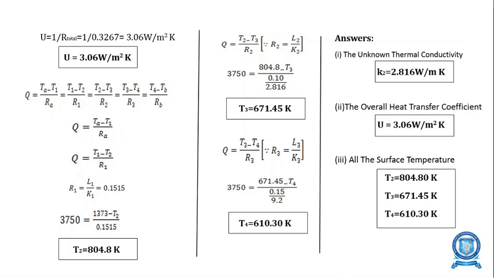Suppose you want to cross-check whether our values are right or not, consider the last one. Q is equal to T4 minus TB divided by RB. RB formula is 1 by hB into A. The hB value is given in the problem. So you can find the value of RB, where T4 is found in the last step, T4 is equal to 610.30, keeping TB as unknown, right?